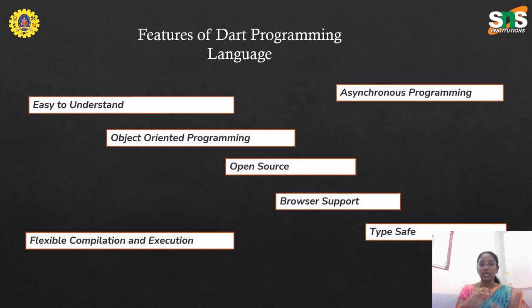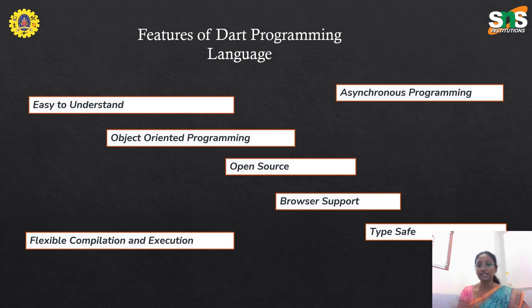Okay, the features: why we are entering into Dart. We develop in Python, we develop with a lot of React frameworks, Java frameworks, PHP over there. Why do we choose Dart and Gmail?